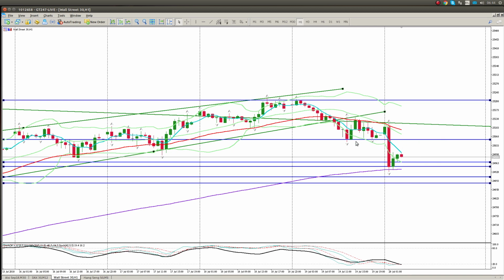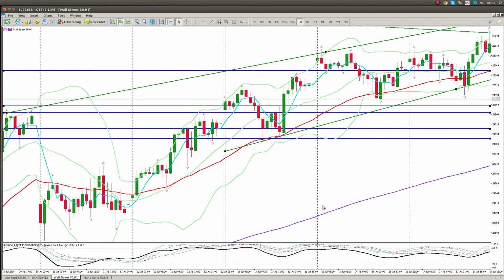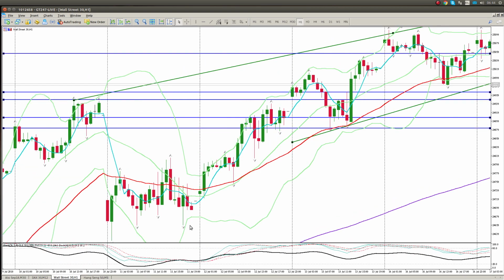However, if we stay below this 5 moving average like we did yesterday at the open, then it's well worth taking a stab at a short here. But we've got to get through these levels, and this is the critical part. So you've got to get through 24,960 to 24,880. Those are the levels that we need to get through. If we can get through that, then there's not really much that's going to stop us moving to the downside.